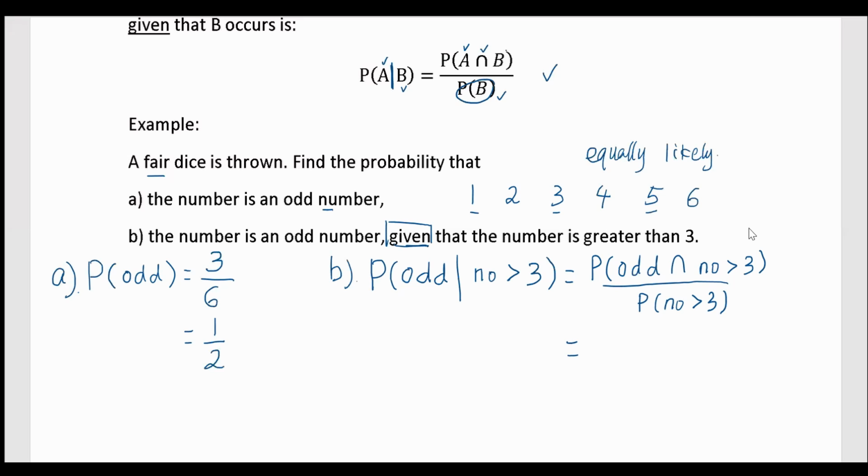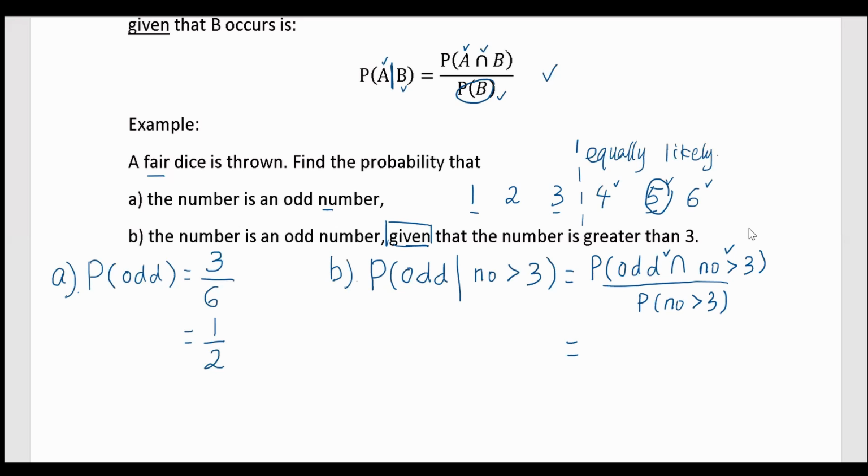For the numerator, we are trying to find the probability that it's an odd number and is a number that is greater than 3. Greater than 3, we can tell, is either a 4 or a 5 or a 6. At the same time, it has to be an odd number, so it can only be 5.